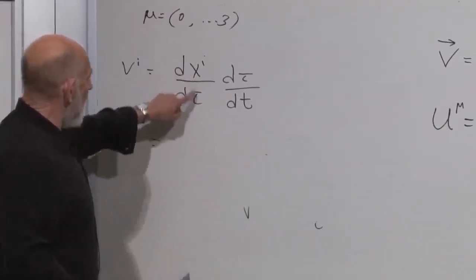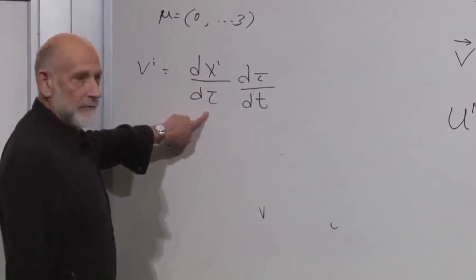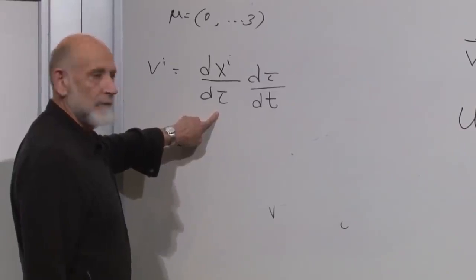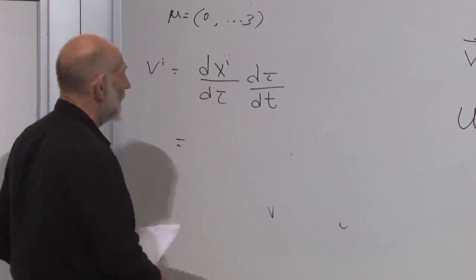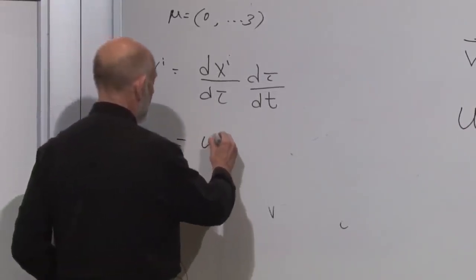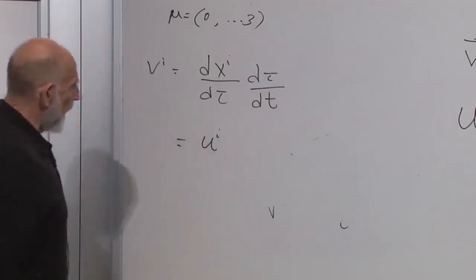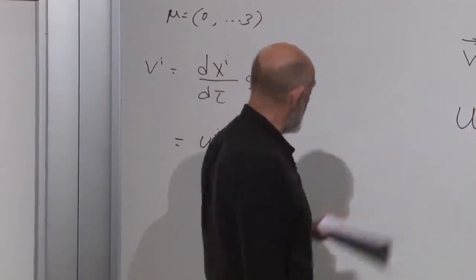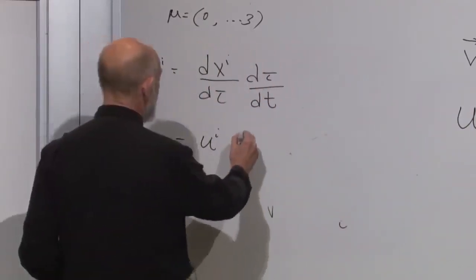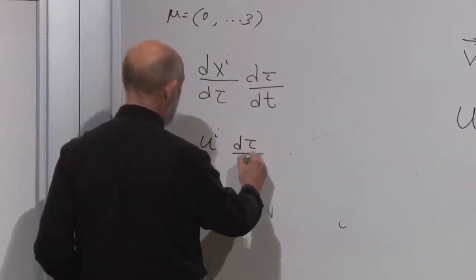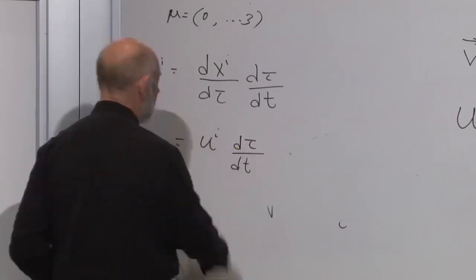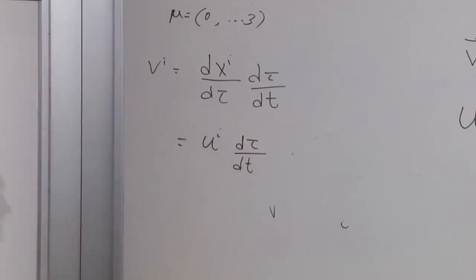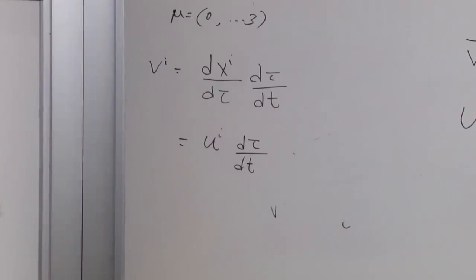Now dx_i by d tau, what is that? That's u sub i, where I'm now concentrating on the space components of u, times d tau by dt. We'll come back to d tau by dt in a moment. In fact, we're going to come back to it right now.